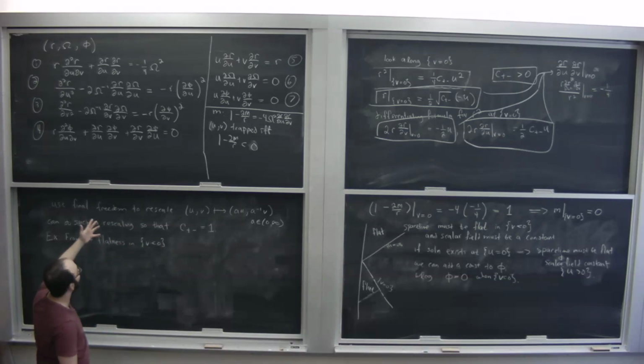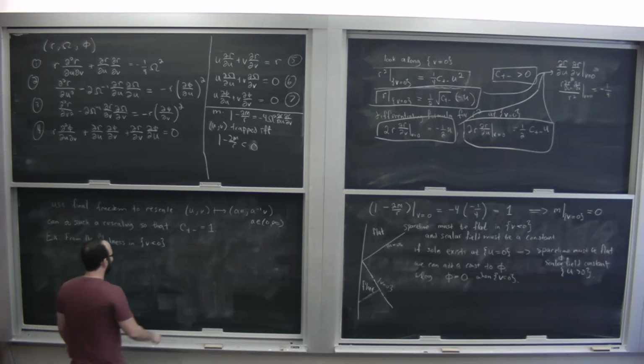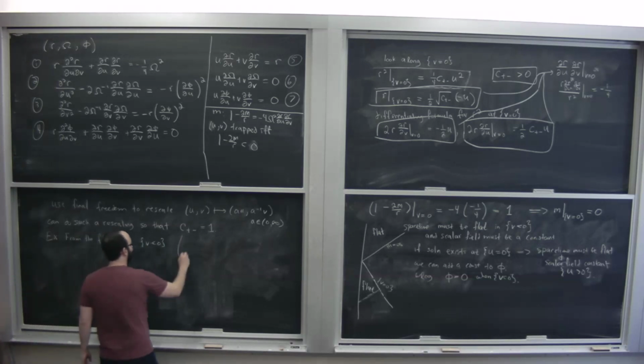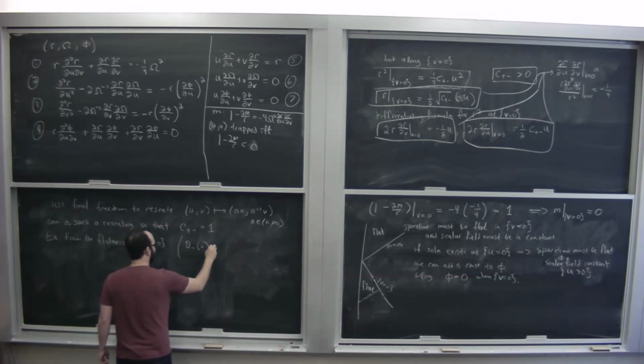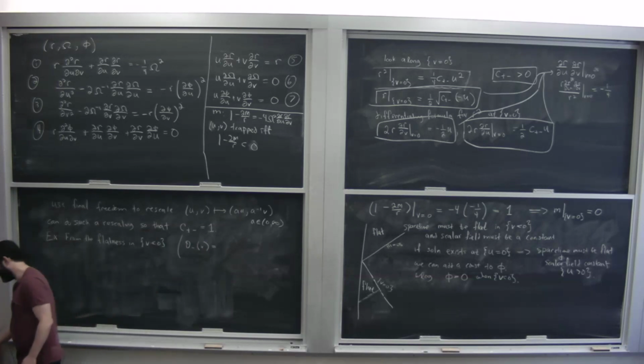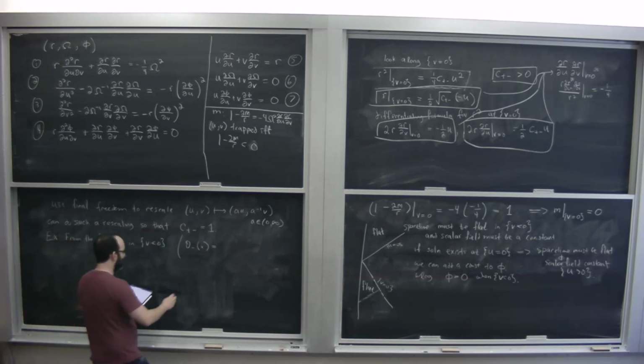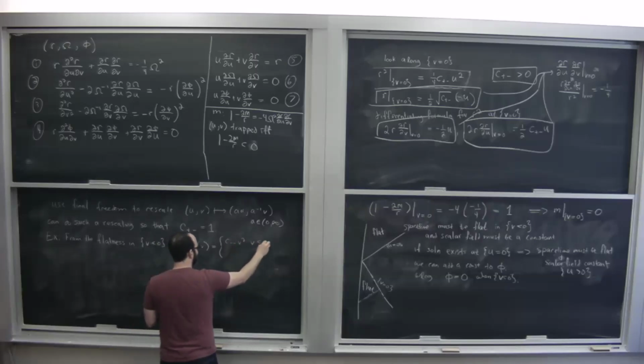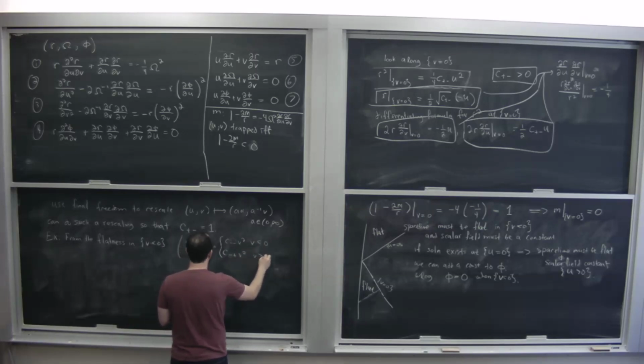If you remember, there's this function of U and this function of V. This one is C minus minus V squared when V is less than 0, and C plus minus V squared when V is greater than 0.